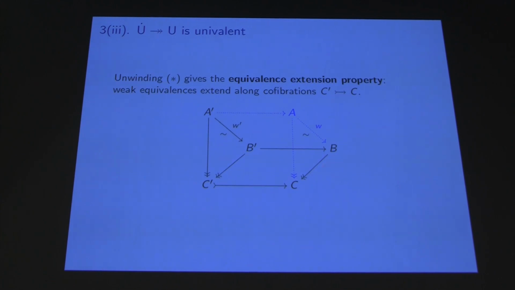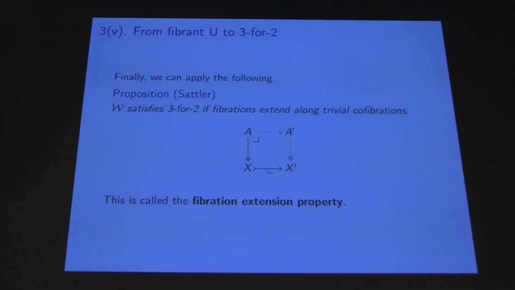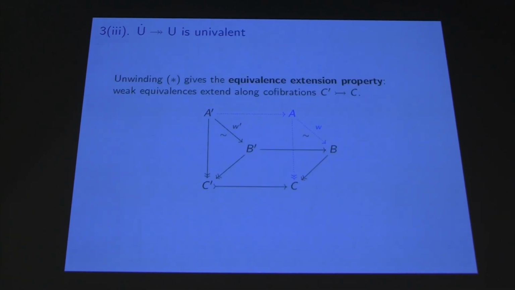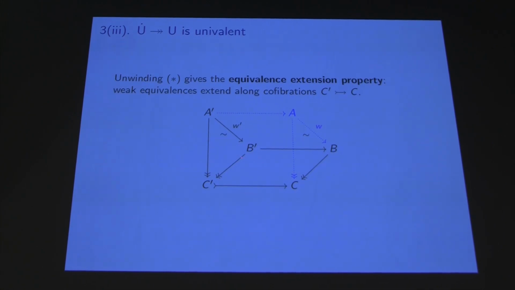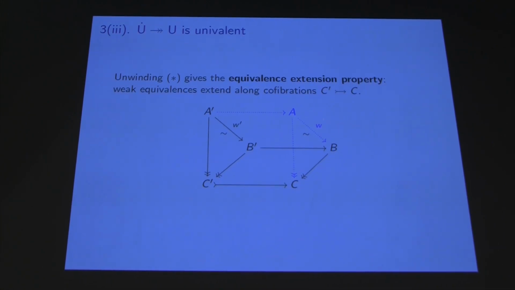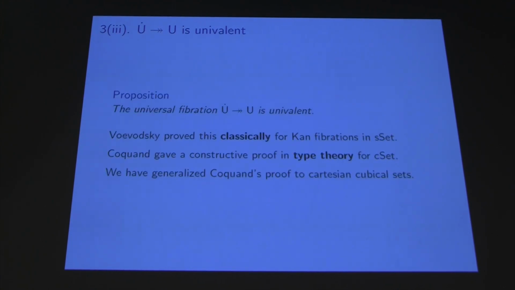It says if I have a fibration, I pull it back, and I have a weak equivalence back here, then it comes from a weak equivalence up here, which extends along the cofibration here. So every weak equivalence like this that's based extends. So that's the equivalence extension property. I'm not going to give you a proof of that. That's where actually a lot of the work is.